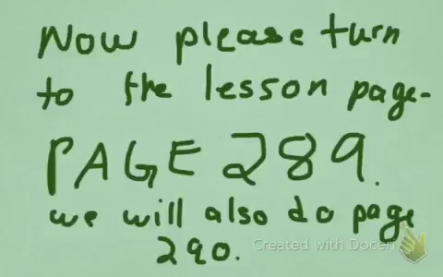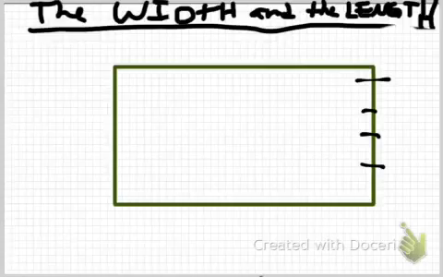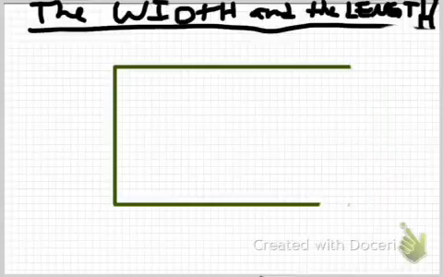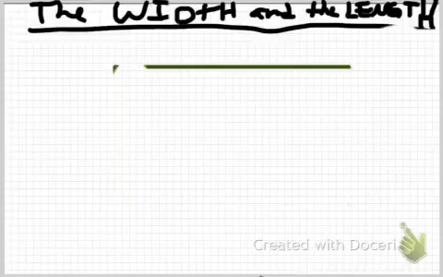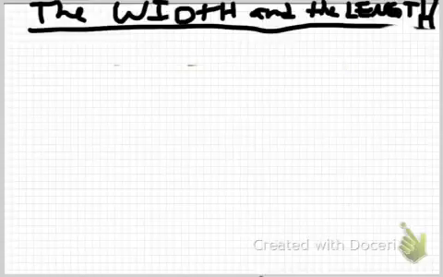Now, please turn to page 289. Solve the problem below. Show your work in the space provided. Mrs. Wyman wants to install a metal fence around her rectangular backyard.